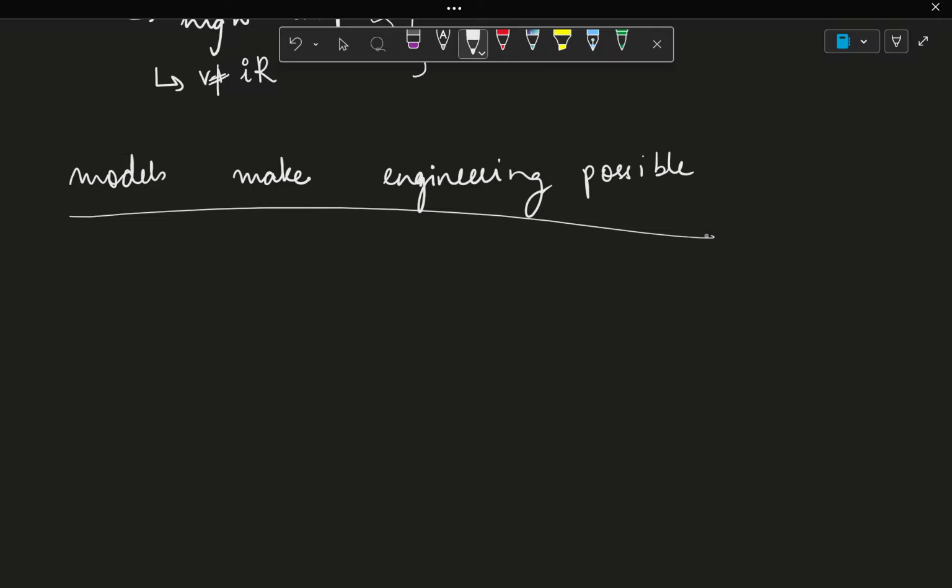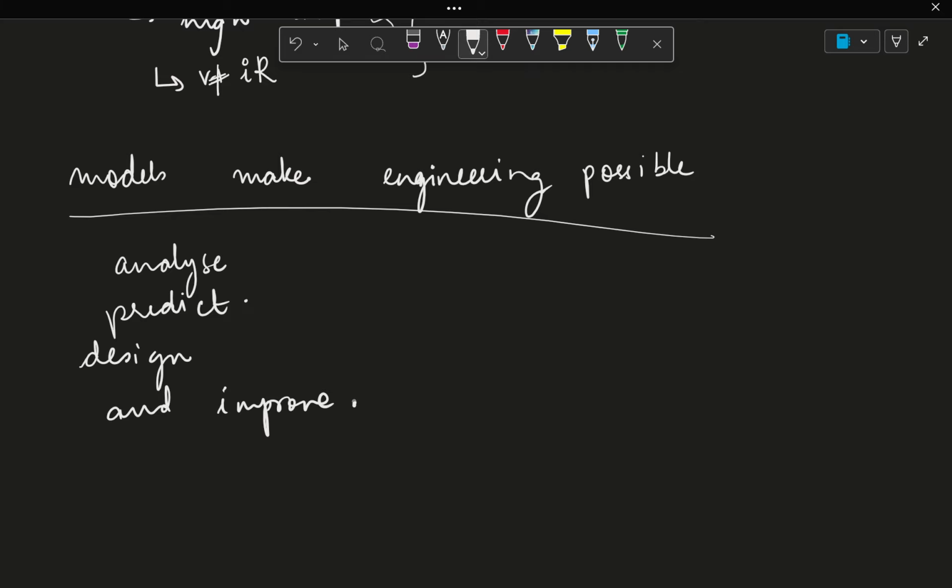Because good models help us to analyze, predict, design, and improve. In the case of circuits, we can analyze circuits, predict their behavior, design new systems, and improve existing designs.